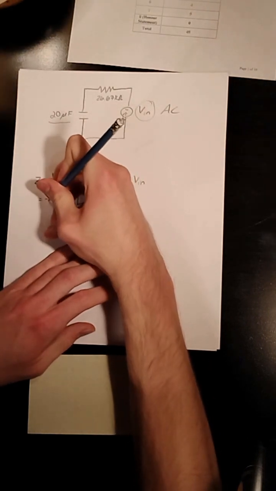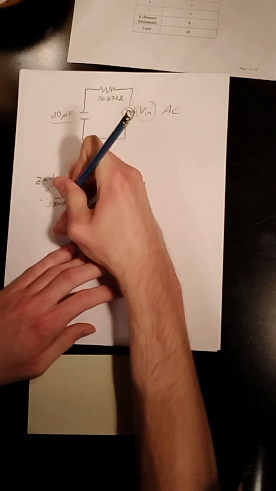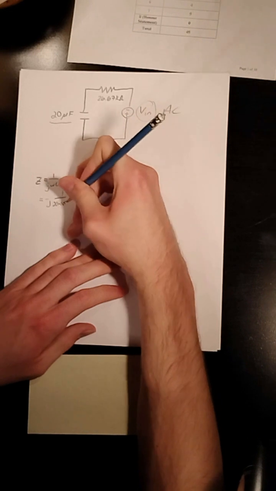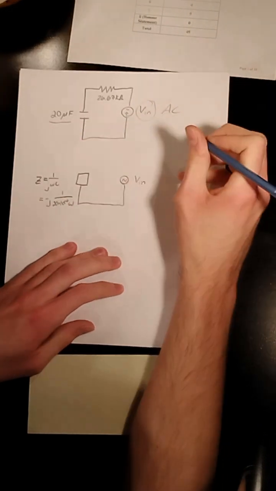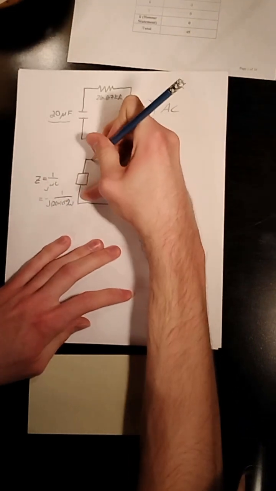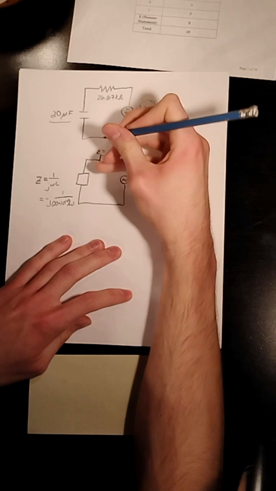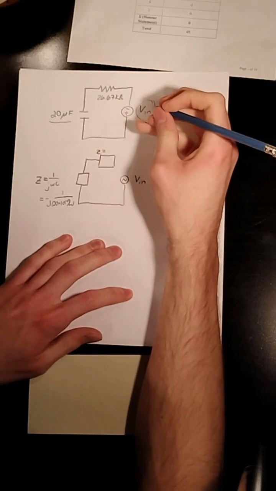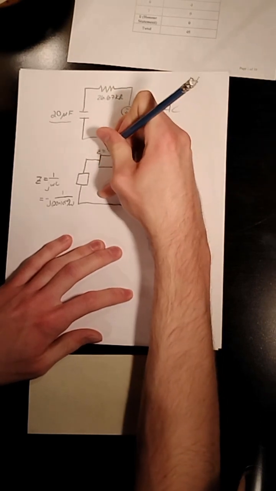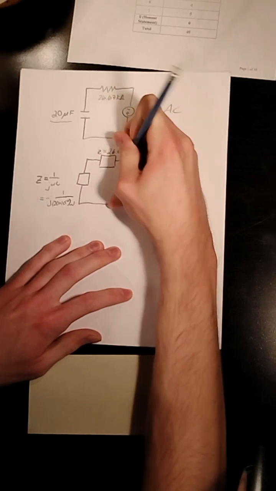So it's negative j 1 by 20 times 10 to the negative 6 omega, we'll say. And then this one is just as usual. It has Z equal to, well, 26.67 kilo ohms. Easy.